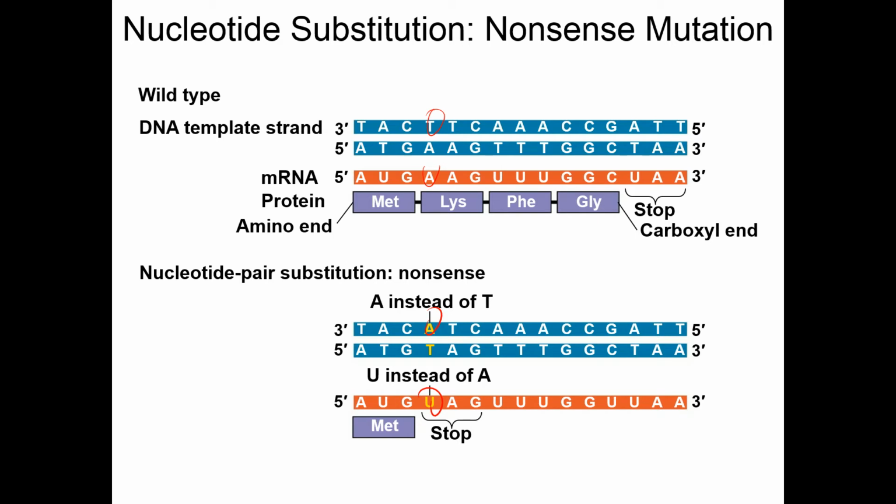So you only translate the first amino acid, methionine, because the next codon is a stop. You've shortened the protein sequence from 4 amino acids down to 1. So this is a non-functional protein. It's a nonsense mutation because that protein can't do anything.